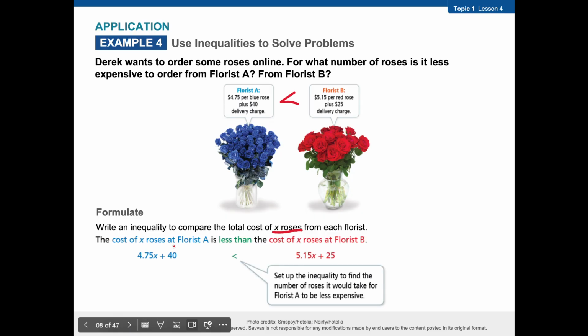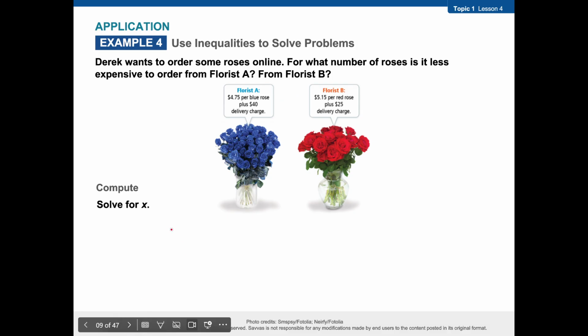So the cost of x roses at florist A, $4.75 per rose, plus a one-time $40 delivery. When is that going to be less than florist B, which charges $5.15 per rose, plus a one-time delivery fee of $25?